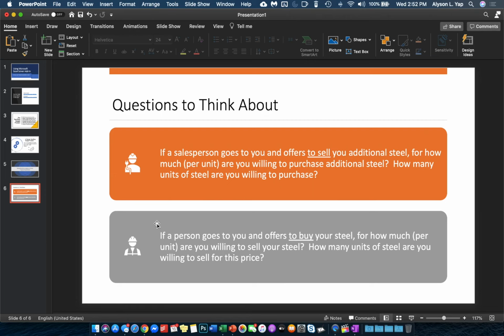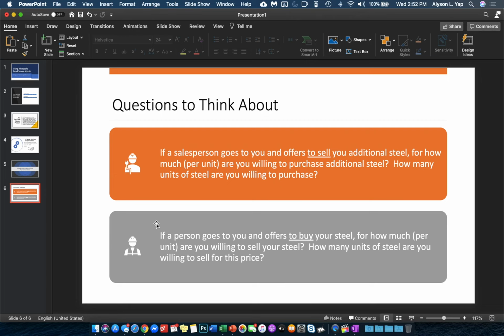The second question that we will be answering eventually is from a different point of view. What if, instead of someone going to you offering you additional steel, this person who went to you is offering to buy or purchase your steel?